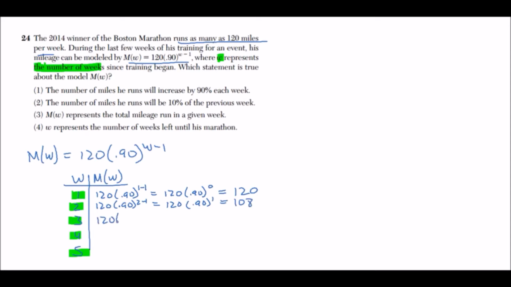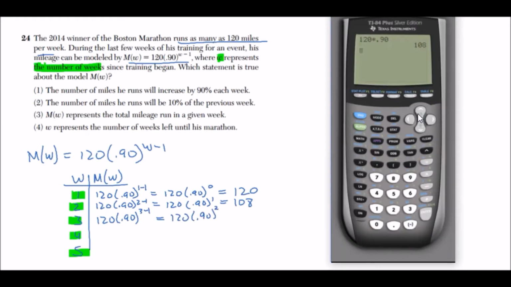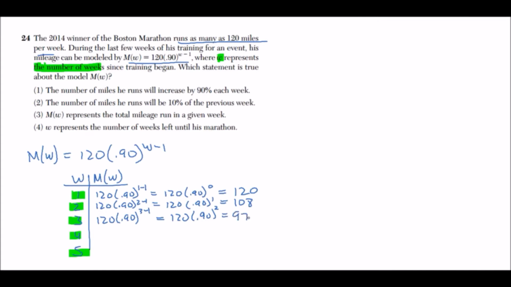And then if we keep going here, 120 times 0.90 to the 3 minus 1, 120 times 0.90 squared, is 97.2. And we'll just do 4 here because at this point you should be noticing somewhat of a pattern.